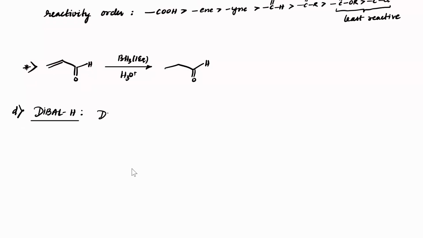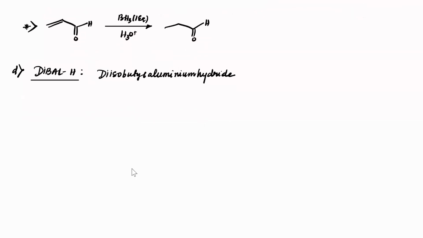Basically, the name is diisobutylaluminium hydride. It is a little bit more branched and bulkier as compared to lithium aluminum hydride. And lithium aluminum hydride has four hydrogens. Here we have only one hydrogen. Structure wise, this is how it looks.